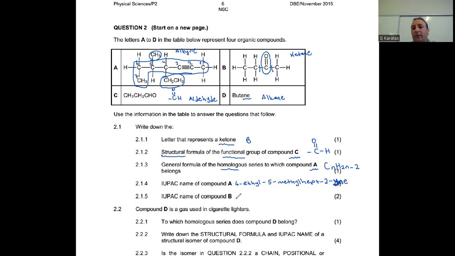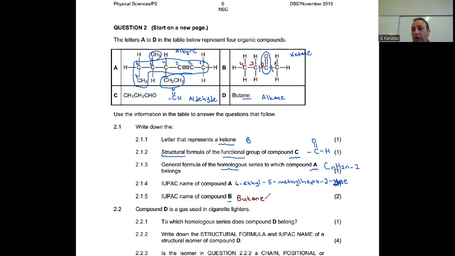An IUPAC name of compound B. Compound B is a ketone, we said. Let us number the carbon atoms. I can use a different color here. 1. The functional group is closer to the right side, so I start from the right again. 3 and 4. 4 carbon is normally called butane.